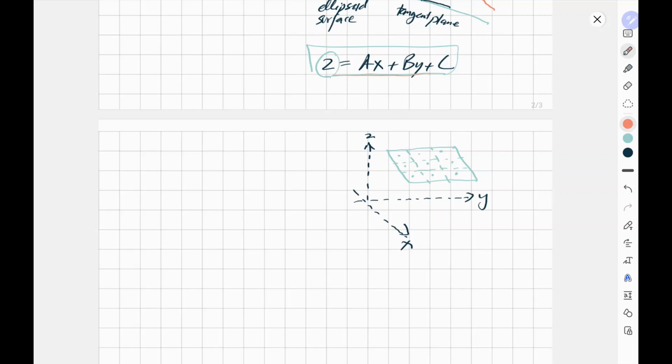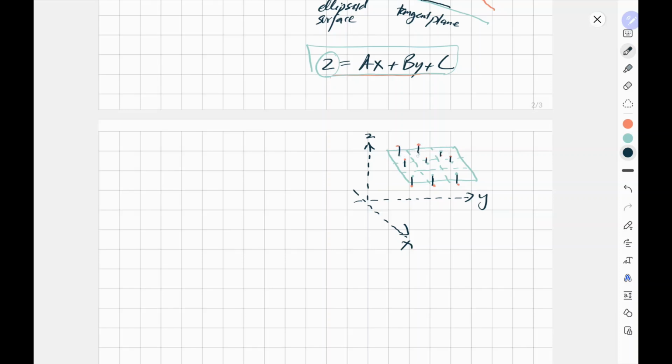Some points may be below, here the computed points are below, while some points will be above, like this one, and over here one is like this and one is like this. So you will have a difference of z value at each point, which you can see is represented by this black line.